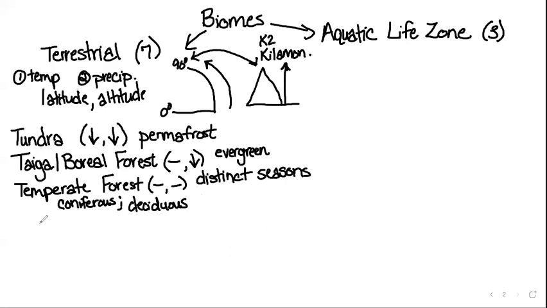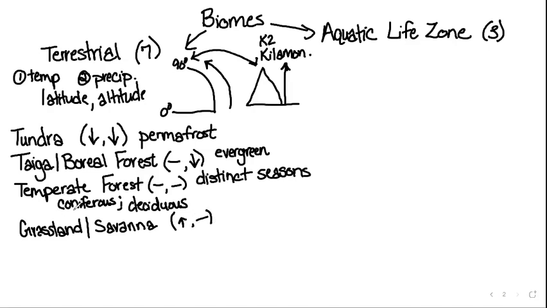As we continue on, we may come in contact with a grassland or a savanna. And remember that the difference between the two is that grasslands cannot support trees, savannas can. Okay. These are typically going to have relatively warm-ish temperatures and moderate to low rainfall.